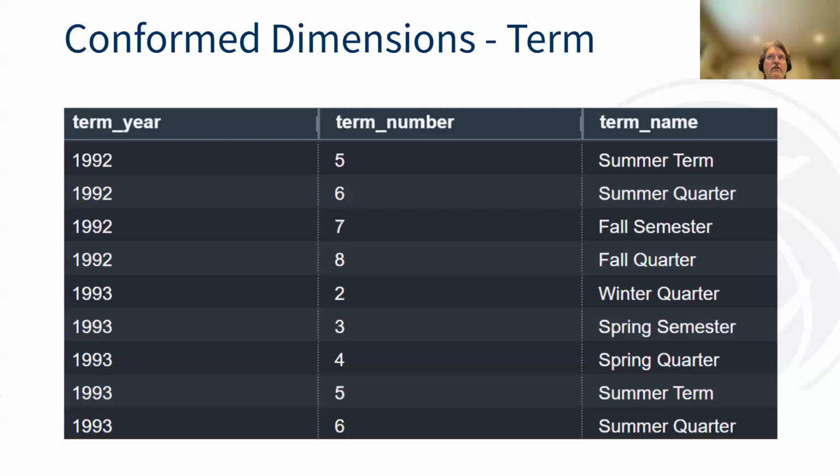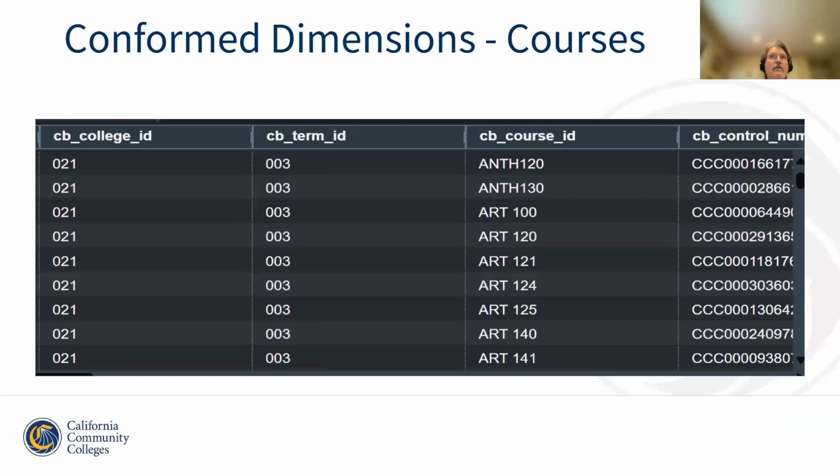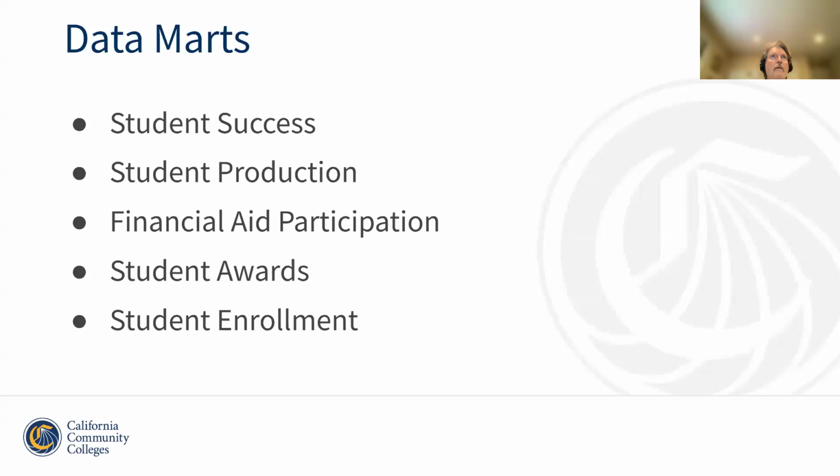What the term dimension does is, based on which college you are, you may have different definitions of terms, but it's the term year, term number, and the name of the term, which may be unique to a college. And then the courses come from COCI. It's the college, the term ID, and then whatever course ID and all the descriptive information for all of the courses.